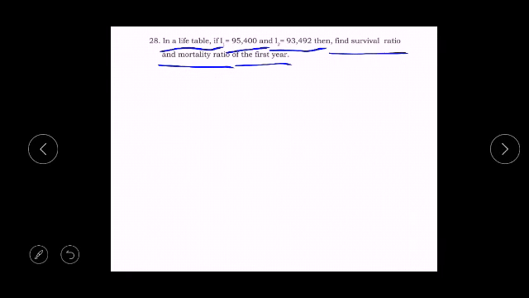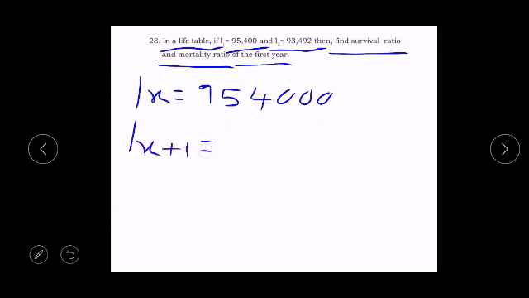So Lx is 95,400 and Lx plus 1 is 93,492. And they have asked for the survival ratio and mortality ratio.